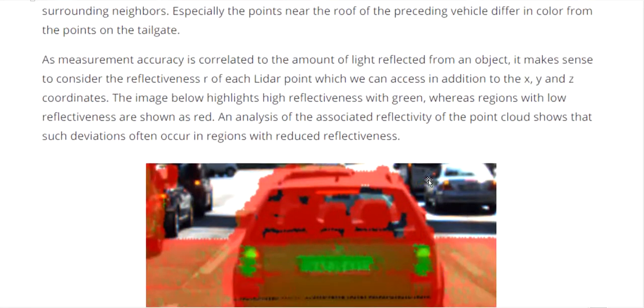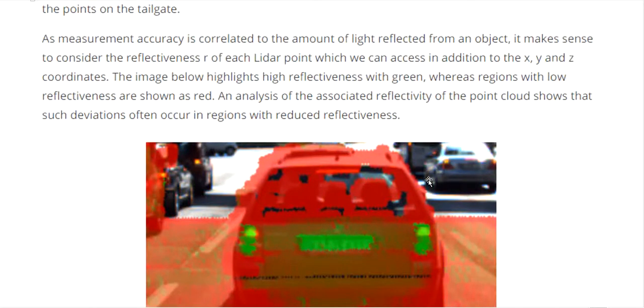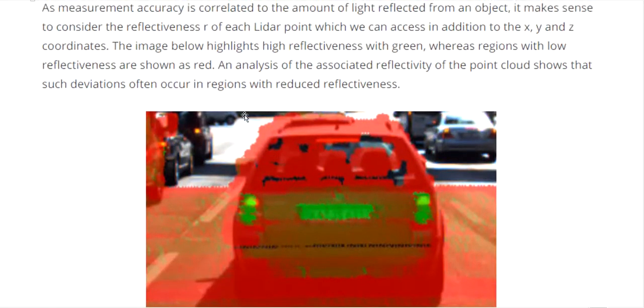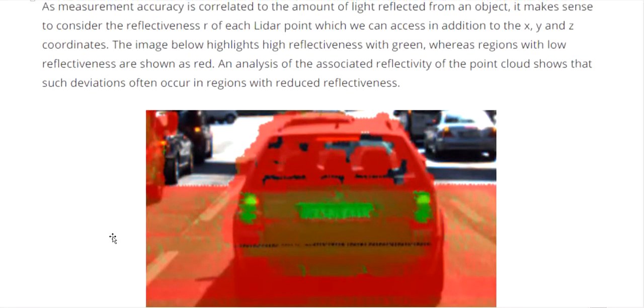The measurement accuracy is correlated to the amount of light reflected from the object, so it makes sense to consider the reflectiveness R of each LiDAR point, which we can access in addition to the XYZ coordinates. So in the LiDAR points, we not only get the XYZ coordinates, we also get an intensity value.